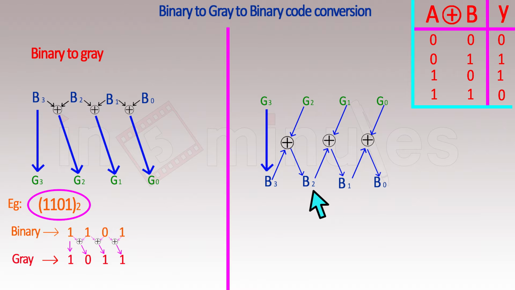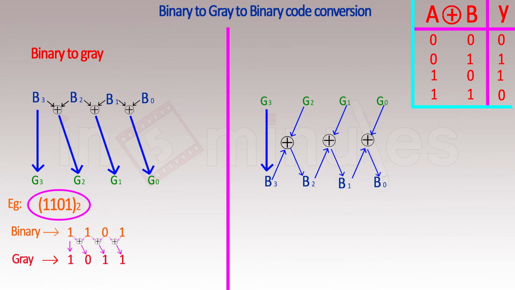But to get the B2 bit, whatever bit you have obtained as B3, you have to take that bit, XOR it with G2, and whatever answer you get will be B2. After getting the B2 bit, you have to take B2, XOR it with G1 and you will get B1. B1 XOR with G0, you will get the final bit B0.